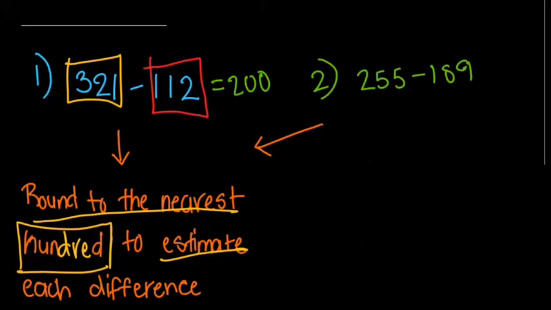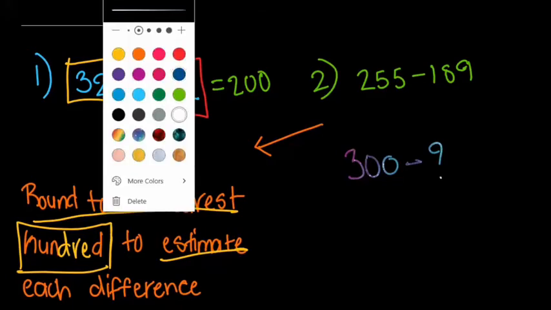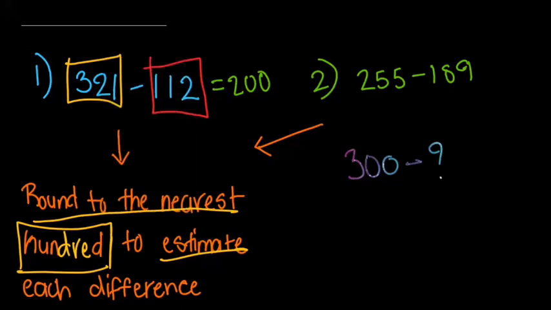Right, so it would be 300 minus question mark, because we still haven't found what 189 rounds to. All right, so let me just get another color. Let's get white. Okay, so we have 189 now.